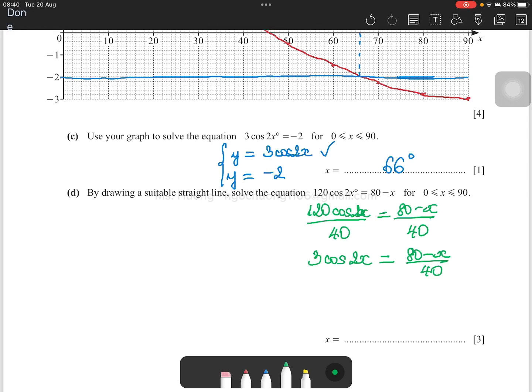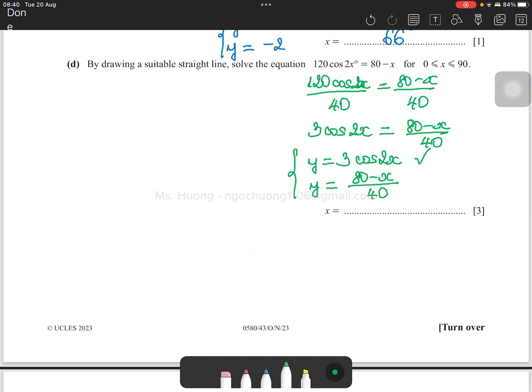So the solution of this equation will be the intersection of the line y equals 3 cos 2x, which is what we have on the graph, and the line y equals (80 minus x) over 40. To draw this line, we need two pairs of points.